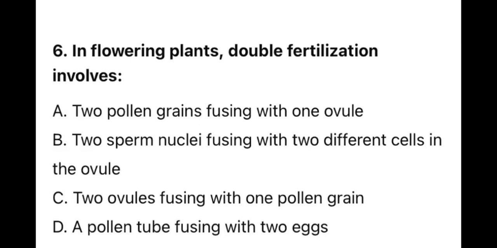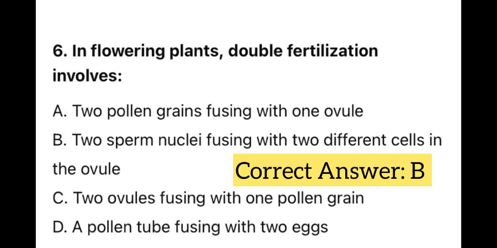Also, it occurs when a second sperm nucleus fuses with two polar nuclei to form an endosperm. So the correct answer is B. Two sperm nuclei fusing with two different cells in the ovule.